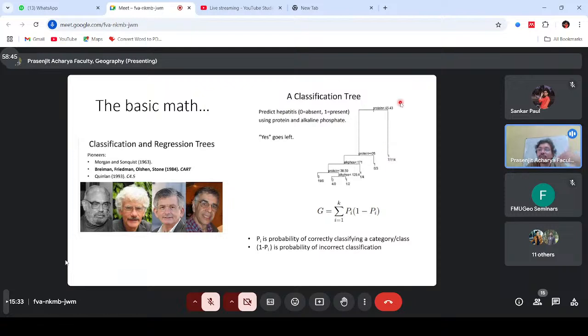I have tried all the values of alkaline phosphate, the Gini impurity at descent. The one for which I get the minimum Gini impurity should be taken as the first splitting criteria. In this case, we have protein value 45.43 for which I get the Gini impurity as minimum as possible. That's why it has been taken as protein less than 45.43.